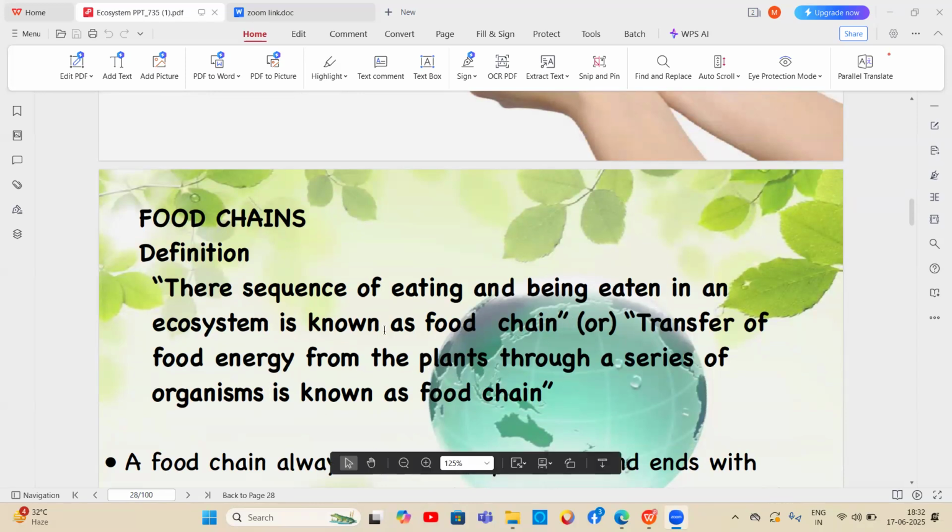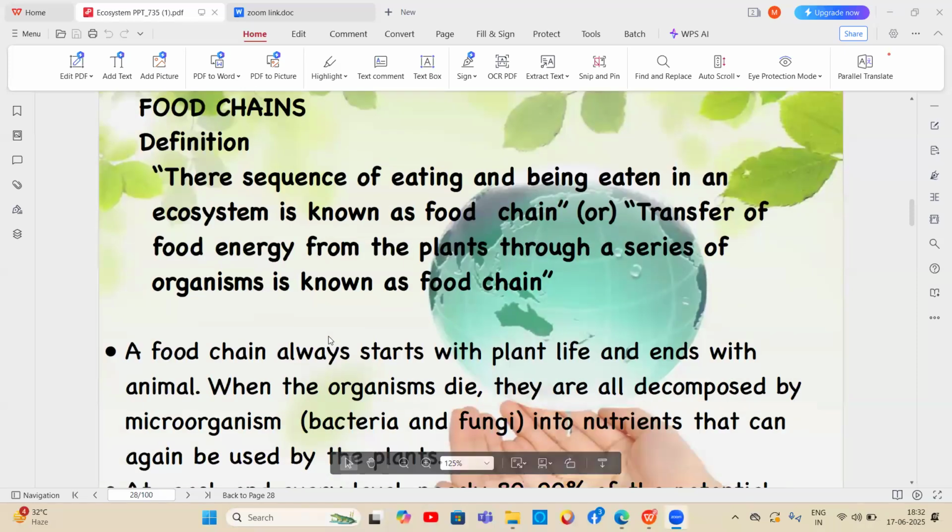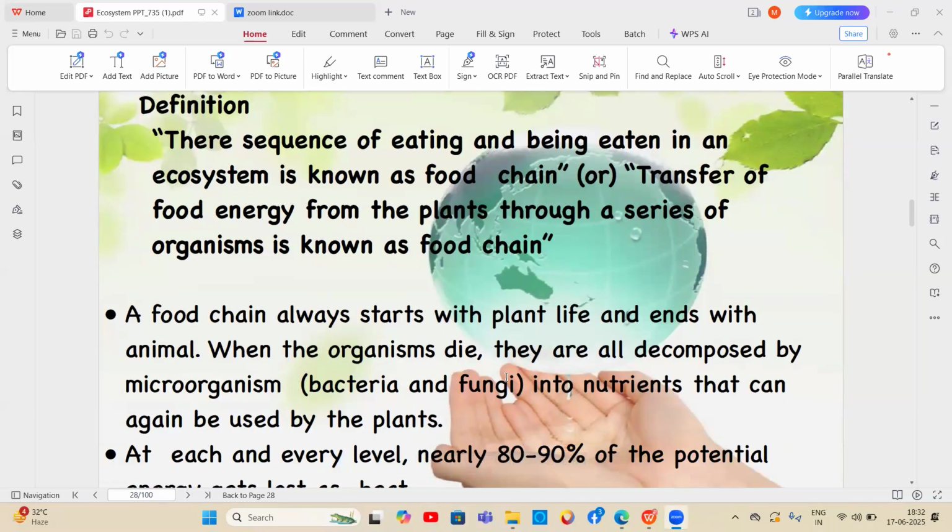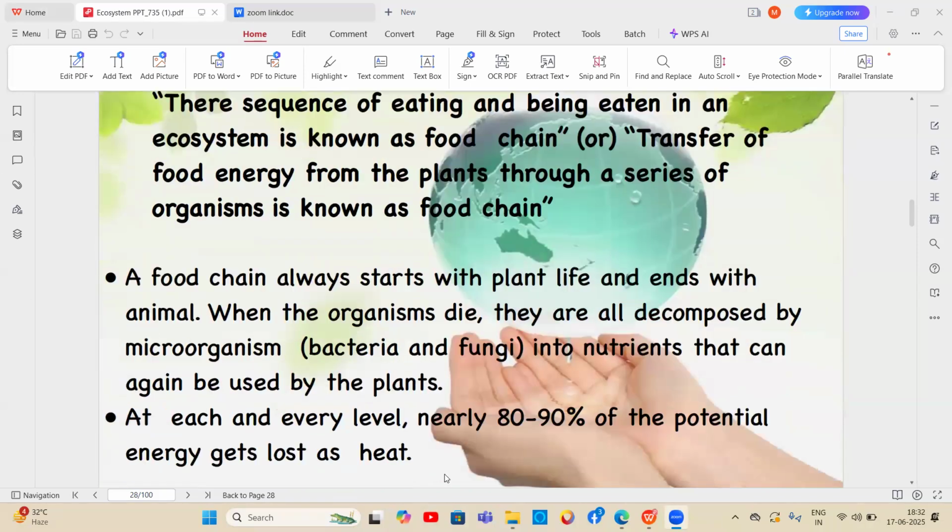The food chain always starts with the plant, that is, the producers, and ends with the animal. After producing, the energy is transferred to all other organisms. When the organisms die, they are decomposed by microorganisms, mainly bacteria and fungi, into nutrients that can again be used by the plants.